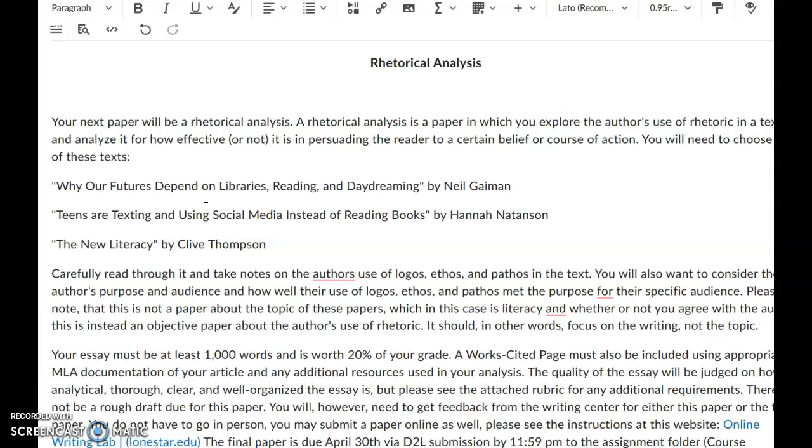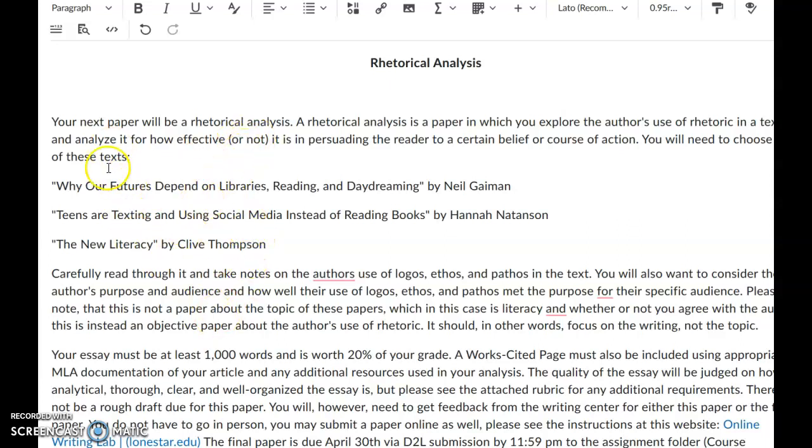So I think the reason that is a requirement is because it's really helpful in teaching you what are good strategies in persuasive writing if you can analyze that in somebody else's writing. So that's what you're going to be doing essentially, is analyzing someone else's use of persuasive strategies.